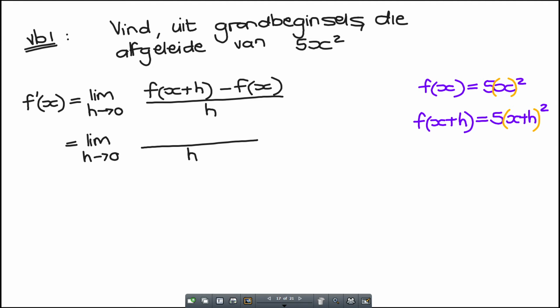And then square. Excuse me, ek sukkel nou om my kwadraat te sien. So can you see that the only difference between that one and this one is where I just had x, I now fill in x plus h. Is julle okay?